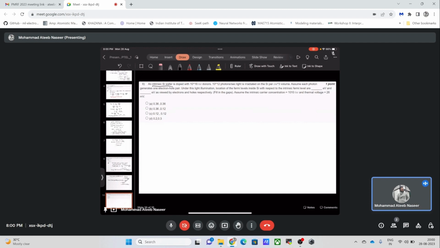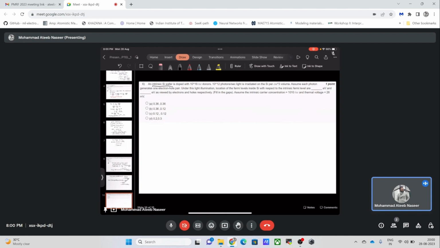So basically, initially when the material was doped, it was in thermal equilibrium, but due to this illumination, due to the shining of the light, we will be having this excess carrier generation, as a result of which the material will move out of equilibrium.